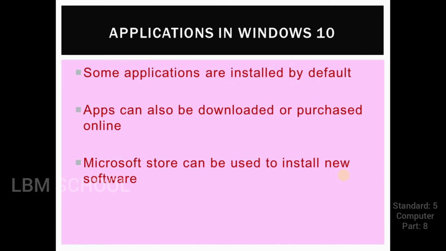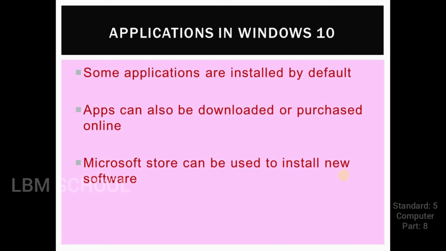We know that applications in Windows 10 is our next topic. What is applications? In your mobile phones, you have many applications installed, right? When you buy a phone, some of the applications are already installed in it by default, right?